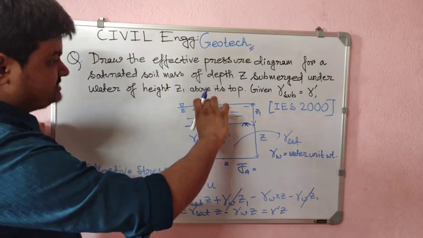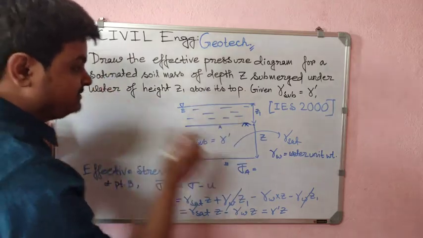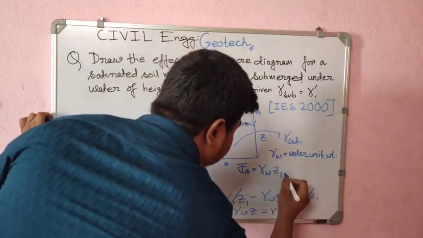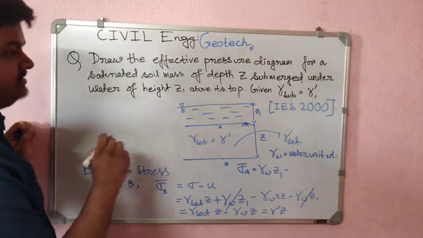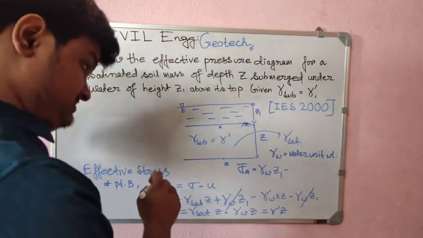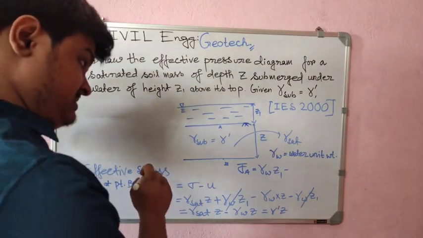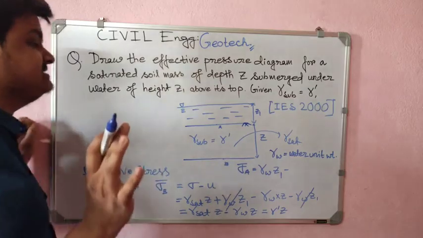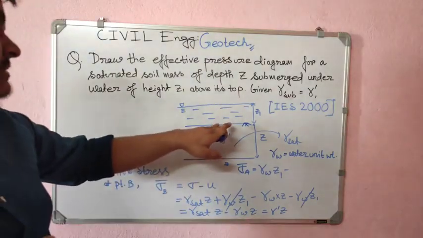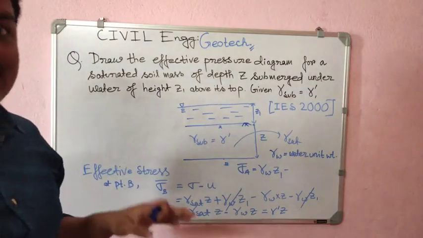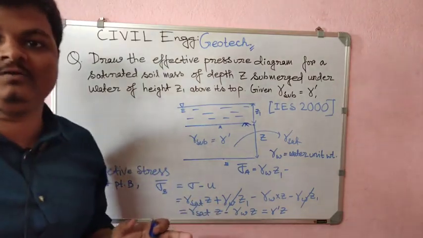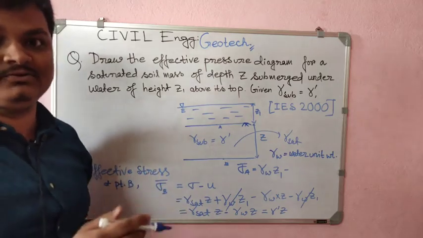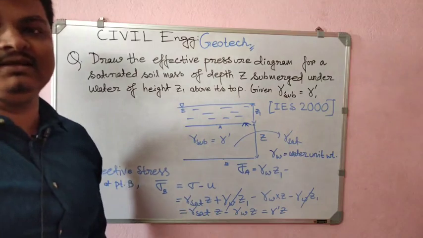So this is the total stress, that is gamma w into z1, minus the pore water pressure. Actually, you can see that at the top level there is no soil, so there will be no contact of soil solid particles. So from there also you can write it's 0, conceptually you can think.